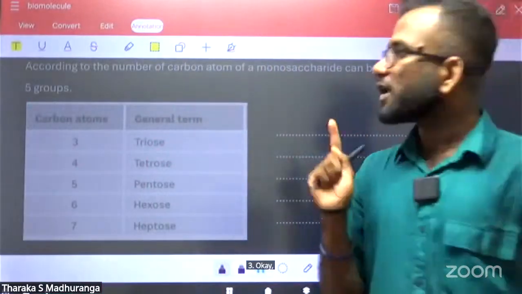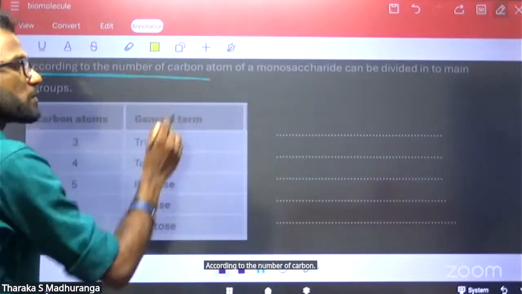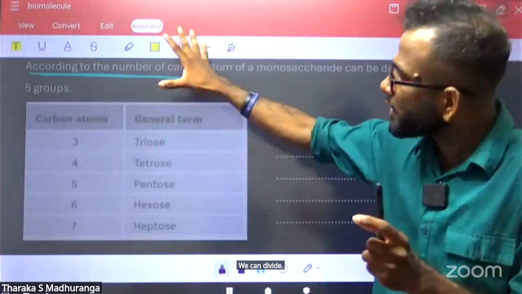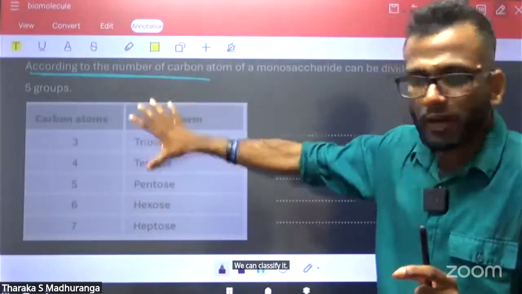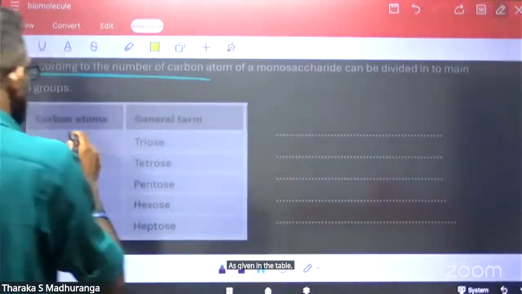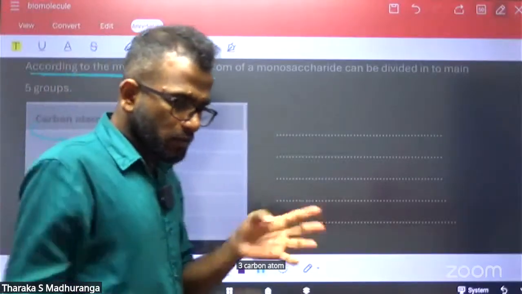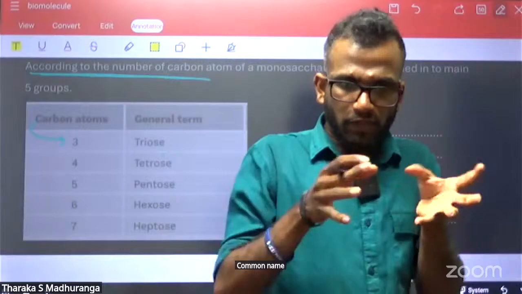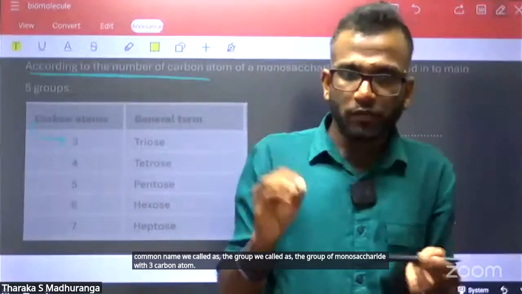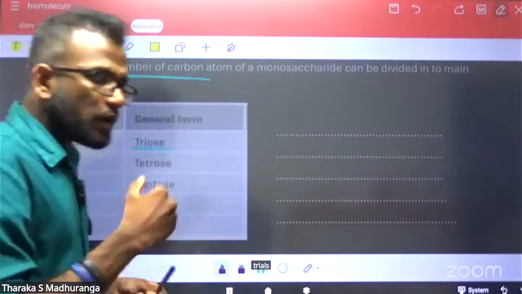Very important: according to the number of carbon, we can classify monosaccharides as given in the table. Any monosaccharide containing only 3 carbon atoms is called triose. What are the examples?